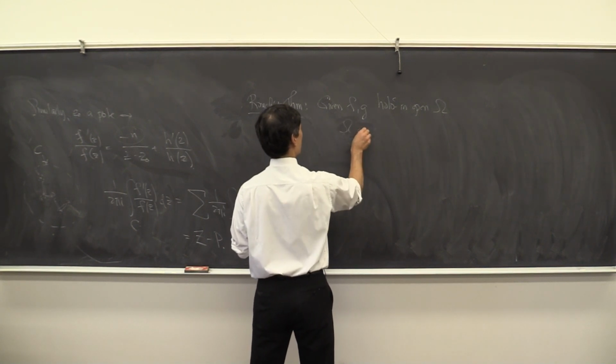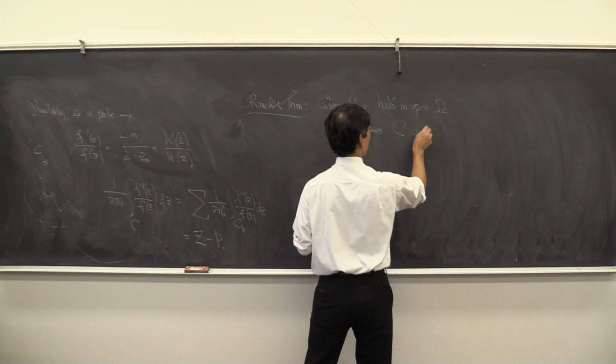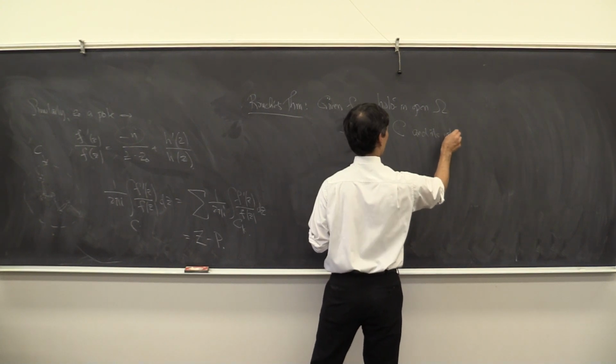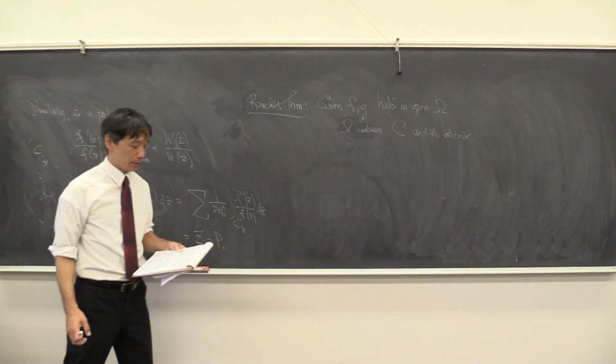So omega contains C, the circle, and its interior, what's inside the disk.